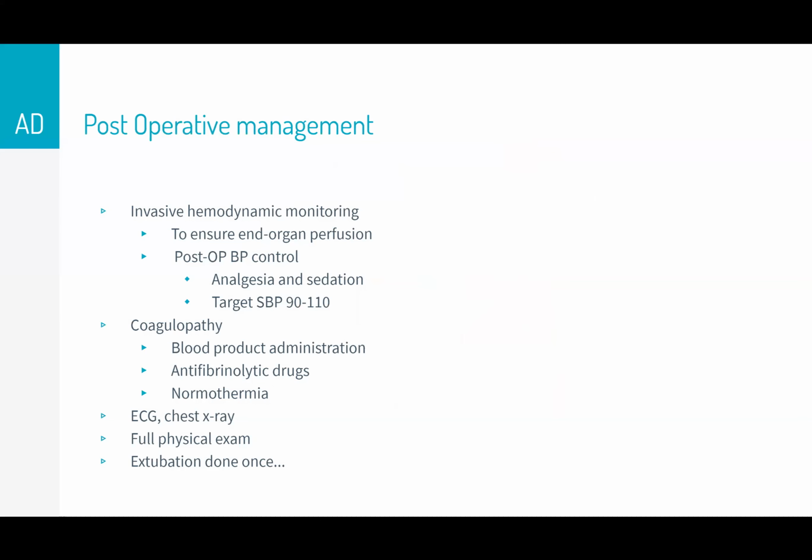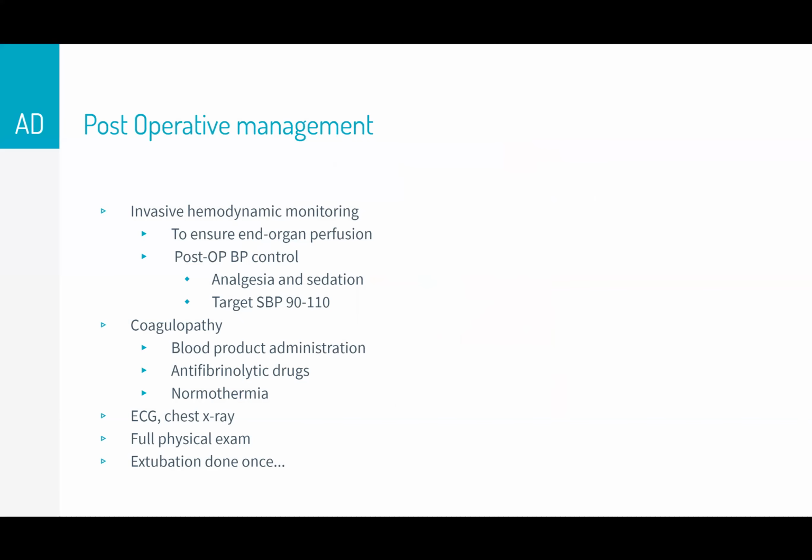So for the post-operative management, you need invasive hemodynamic monitoring to ensure end organ perfusion. And post-op blood pressure control, you'll have to provide analgesia and sedation with a target blood pressure of 90 to 110. Also for the coagulopathy post-operatively, you will administer blood products, antifibrinolytic drugs, normothermia also is an important part.